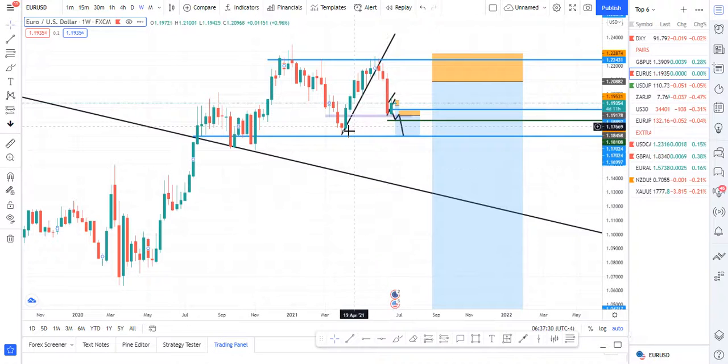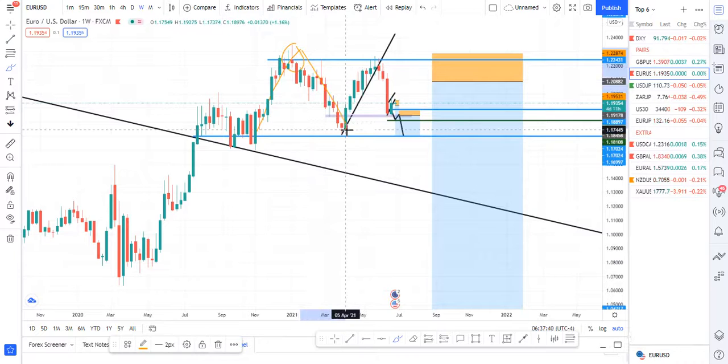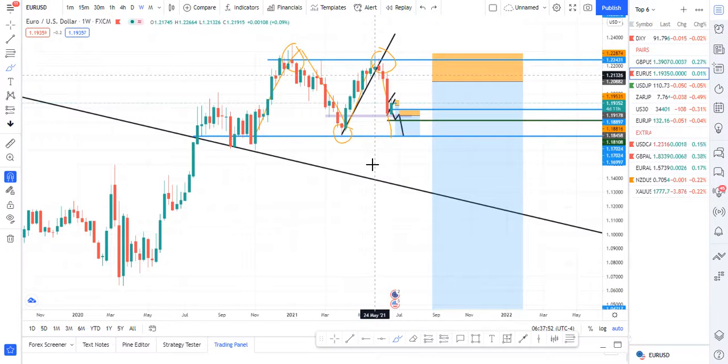Based on the structures like here, this is a double bottom, like this is a double top, right? We're on the weekly. This is double top. Look, touch, goes down, touch, goes down, up, touch, goes down to come test what? The neckline, right? So now we know we're looking at that.